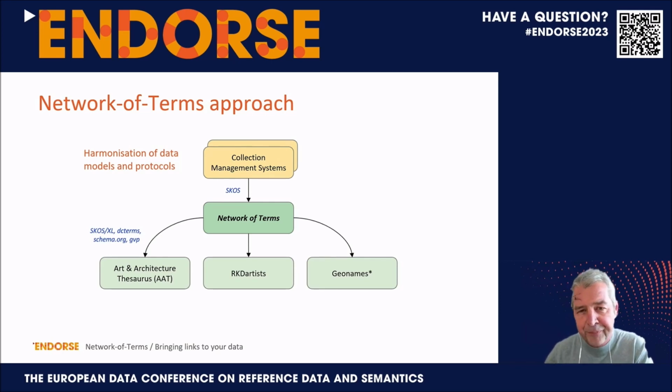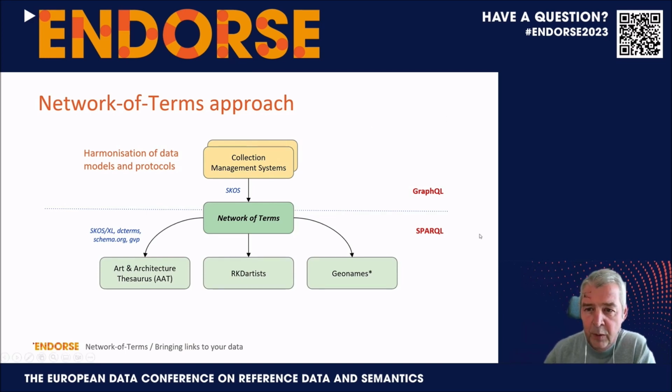And we really designed it to be very easy to implement in collection management systems, and that's why we translated all the different models to a SKOS model, which is of course a very popular model for terminology sources. And we also are transforming the API itself.